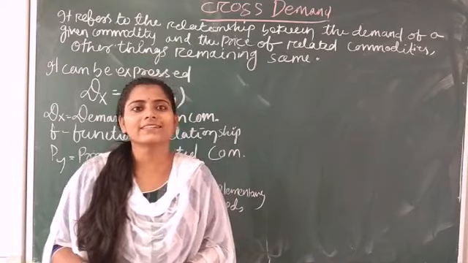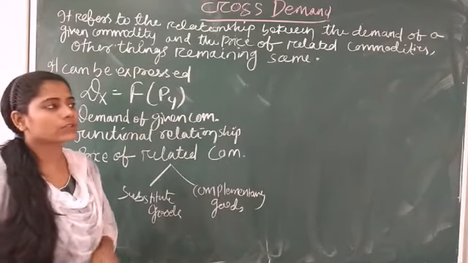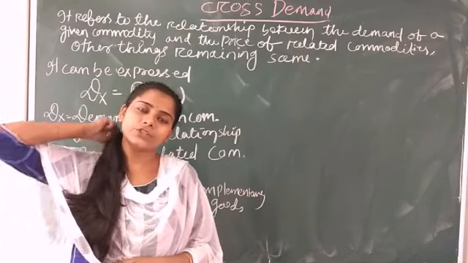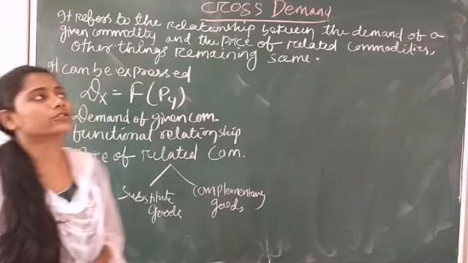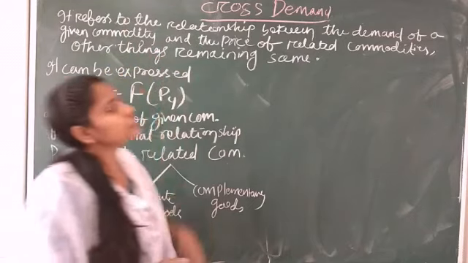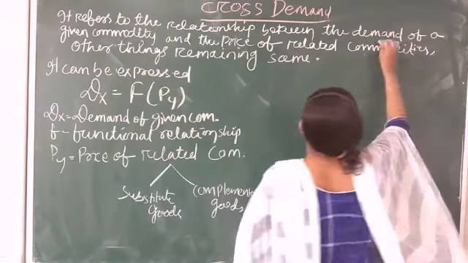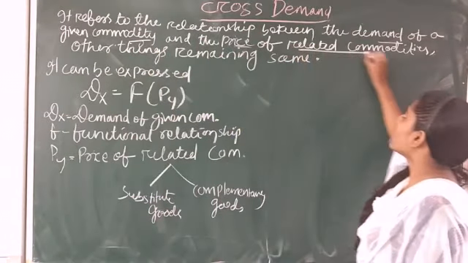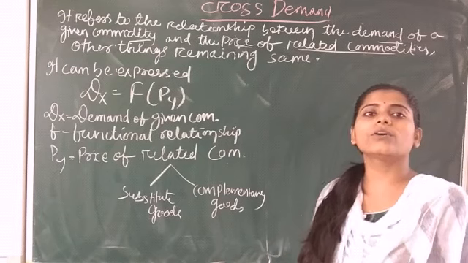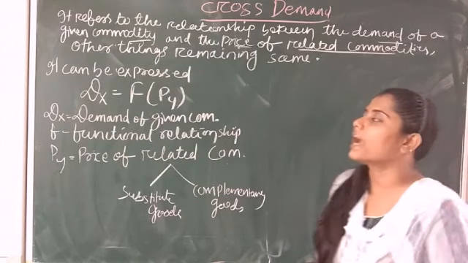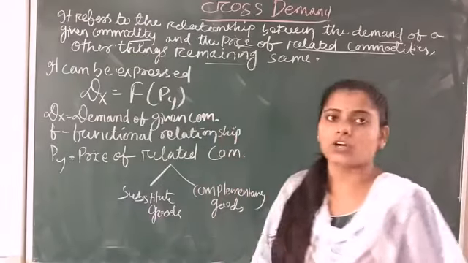Our next topic is cross demand. The cross demand is involved with basically two goods, that is your substitute goods and complementary goods. So cross demand refers to the relationship between the demand of a given commodity and the price of a related commodity, all other things remaining constant.